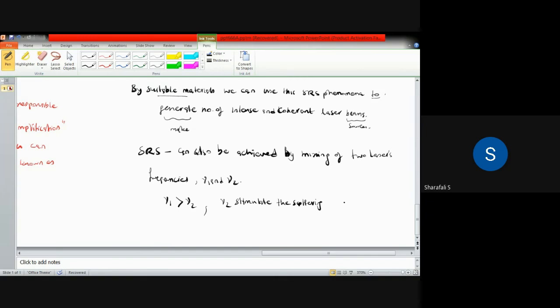Mu2 stimulates the scattering, and at mu2 equal to mu1 minus, at this point, you will have mu2, which will be stimulated.